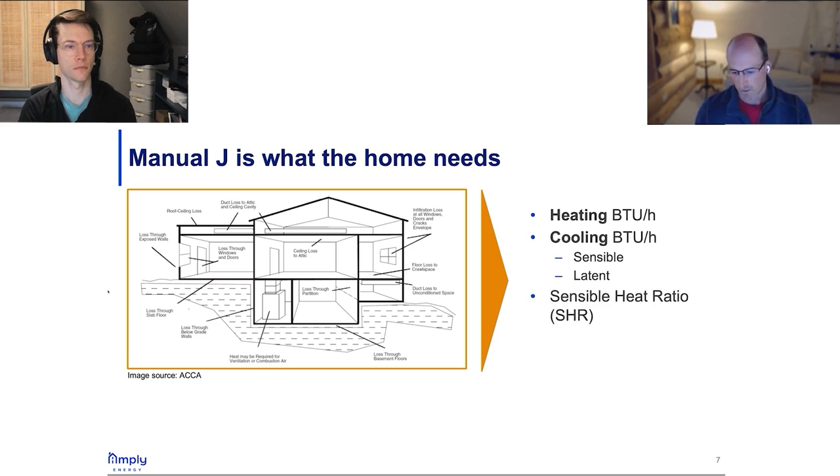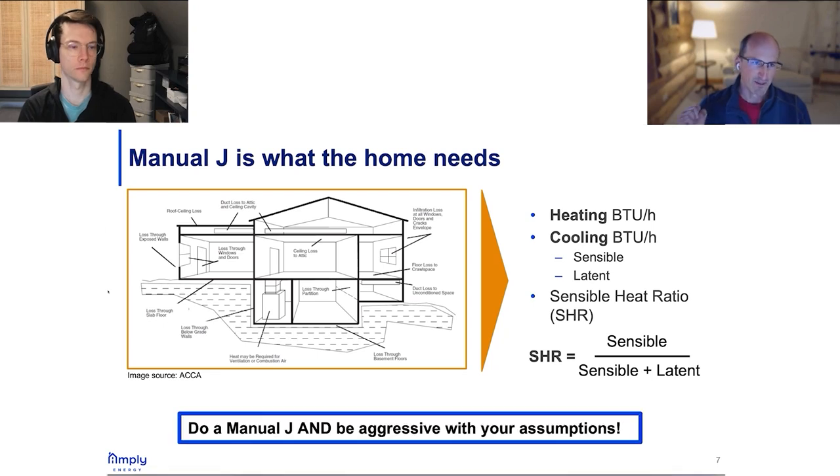And one shorthand that we often use to quickly understand the sensible and latent is the sensible heat ratio, or the SHR. This is a ratio of the sensible in the numerator divided by the total cooling loads, the sensible plus latent. And this will come up more later, but that's a common metric that we focus on, so the sensible heat ratio.